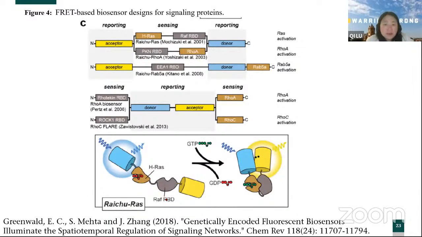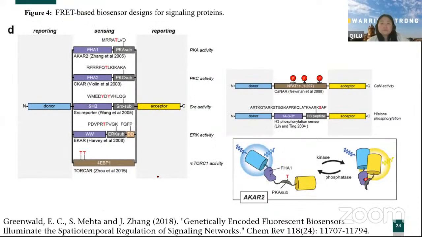So this is the binding pocket of Ras. So when GDP is exchanged with GTP, it will also cause some change. And this is the Ras and the RBD binding domains. And this responds to PKA activity, PKC activities.